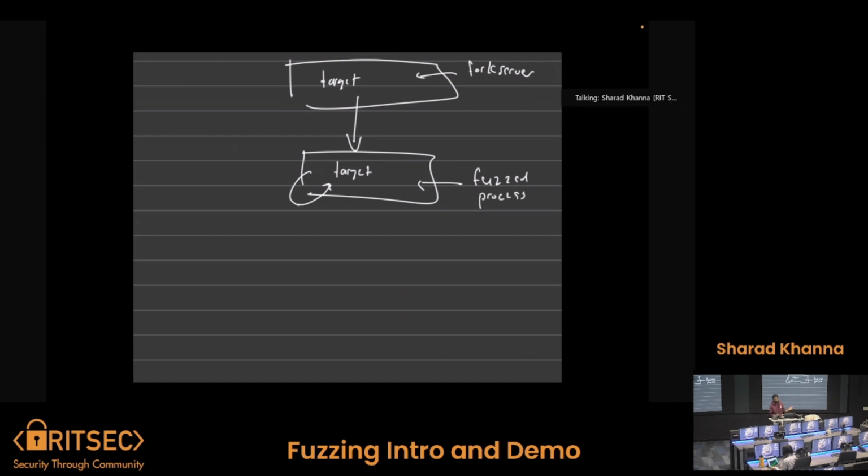But the problem is you face the previous problem that we're dealing with: process state being left over between runs. Because this is now running the same process in the same memory space over and over again, you could have artifacts left over from previous runs in your persistent mode process, and that leads to problems.